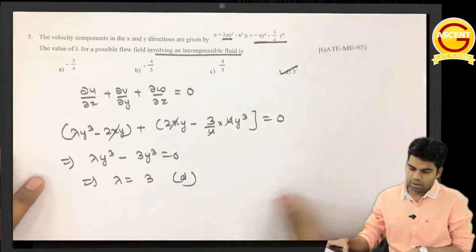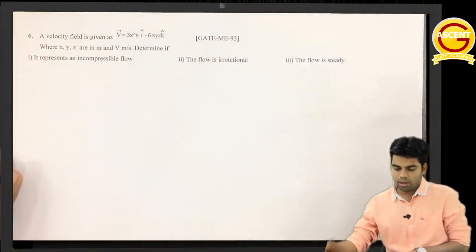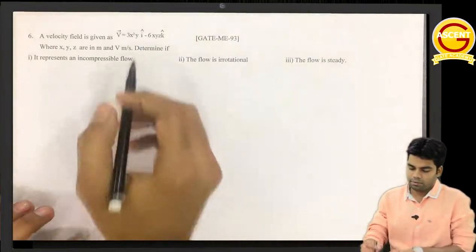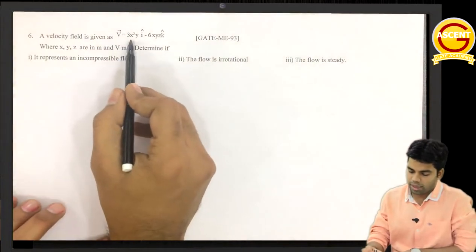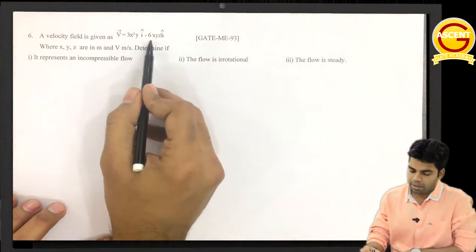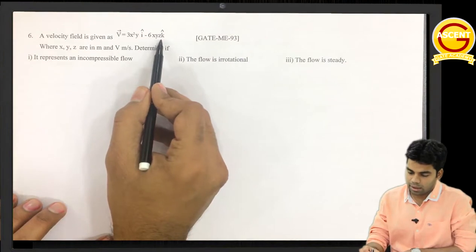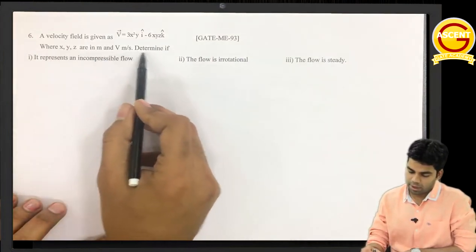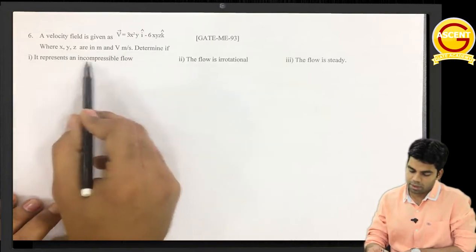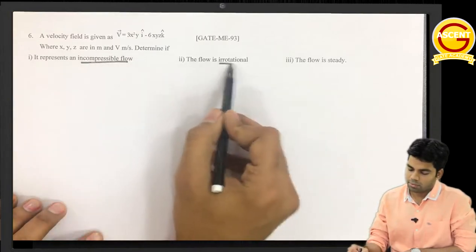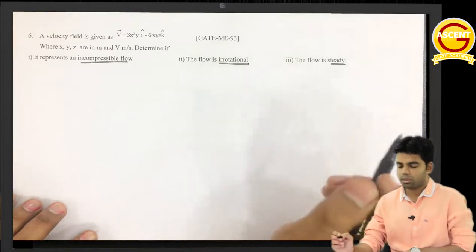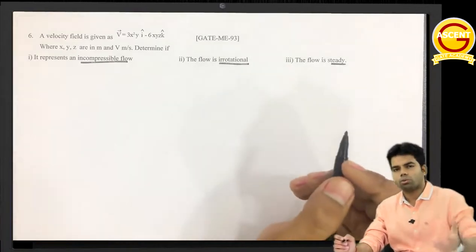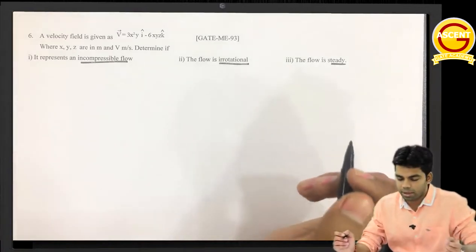Now next question. A velocity field is given by vector v is equal to 3x square y i cap minus 6xyz k cap, where x, y and z are in meters and v is in meters per second. Determine if it represents an incompressible flow, if it represents an irrotational flow, or if the flow is steady. I told you how to check the incompressible and irrotational flow.